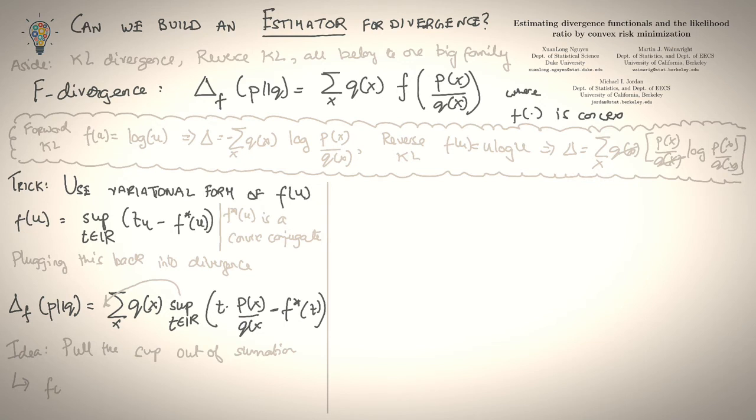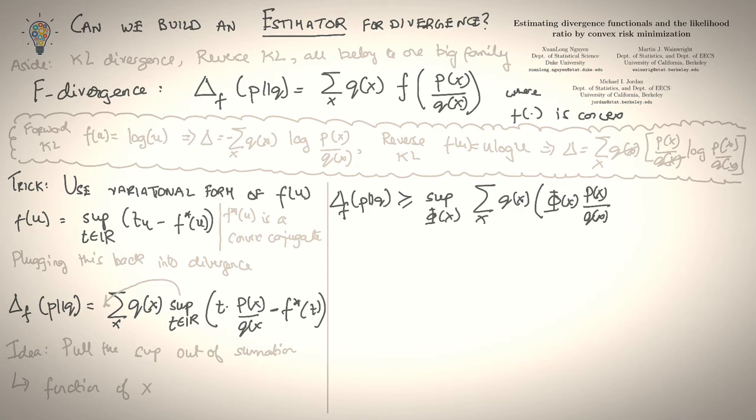When you do that, t is no longer going to be a constant but dependent on x. So we're going to replace t with phi of x. So the expression becomes sup over phi of x, expectation with respect to q of x, of phi of x times the density ratio minus the convex conjugate of f. Now notice that because we pull the sup out, we get a lower bound by Jensen's.